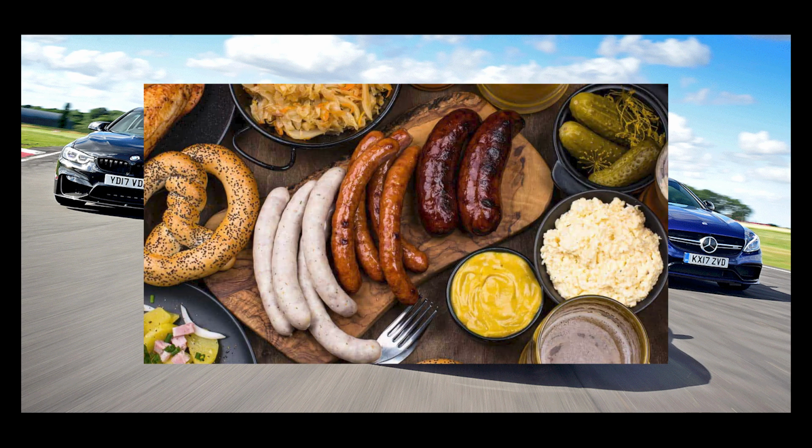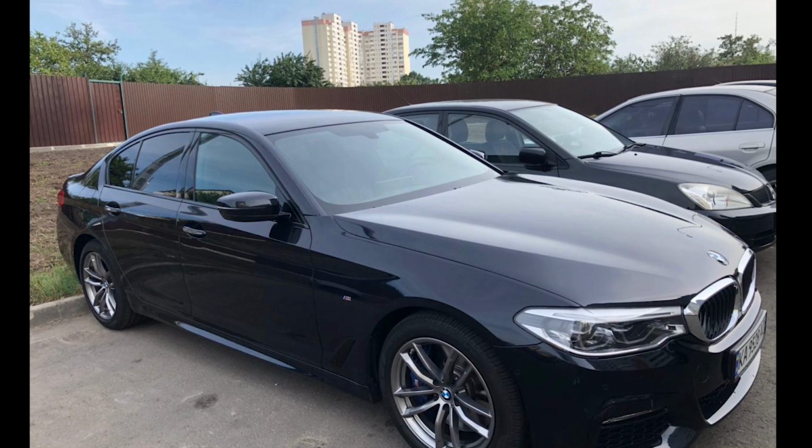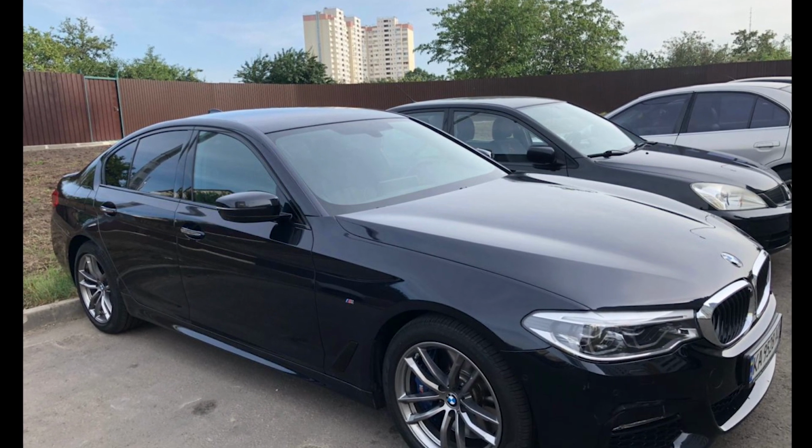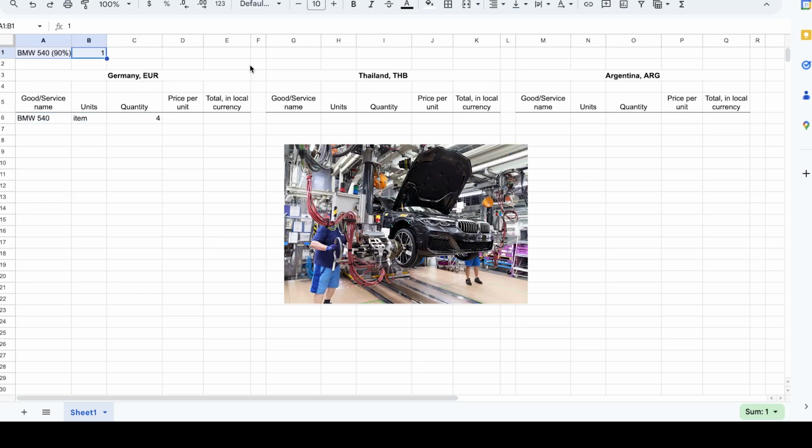What do you know about Germany? First, what comes to my mind is cars, then sausages and beer. I drive a BMW, so let's imagine that during a current period of time, BMW produced 4 cars, 540 models, in Germany, and at the end of the period there was 1 car still under construction, completed by 90%.